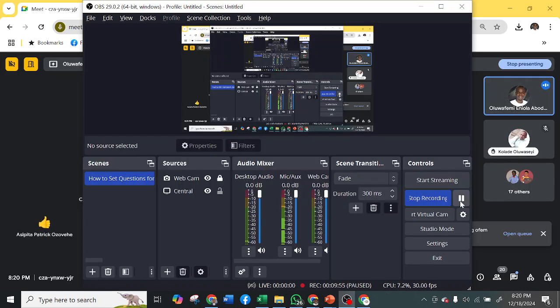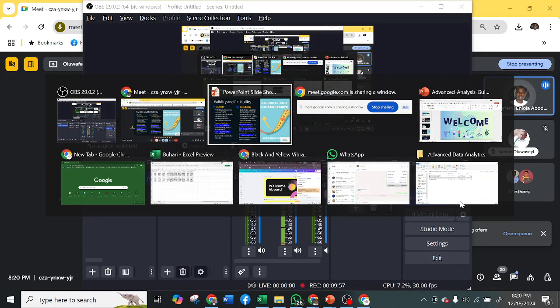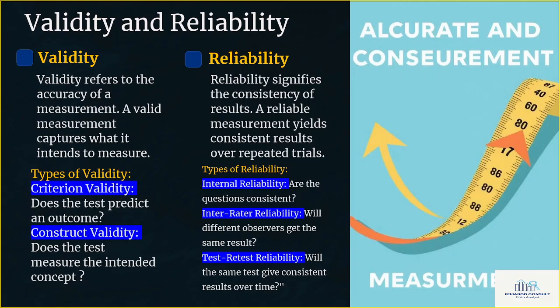Let me pause it so we can continue from where we stopped. So I was talking about validity and reliability. We talked about criterion validity and construct validity. Let me give you a very good example of criterion validity.